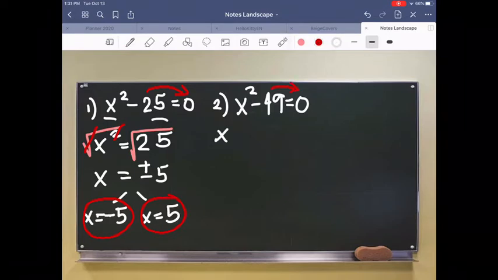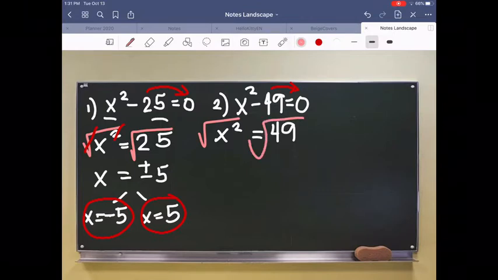Since it is negative on the left, moving it to the right makes it positive. So x squared equals 49. The next step is we take the square root. The square and the square root cancel, and we take the square root of 49. That would be positive and negative what?